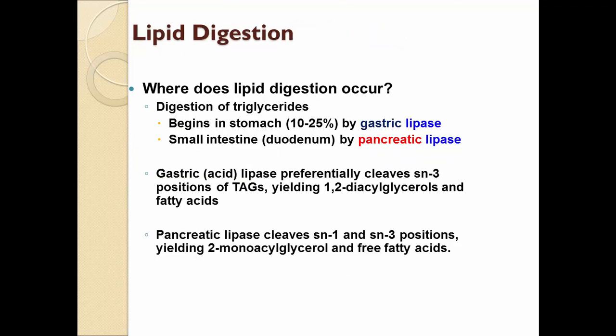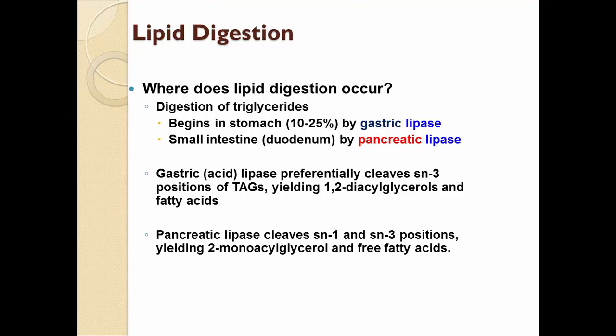Okay, so lipid digestion. The first question we always want to ask is where does lipid digestion occur? It begins in the stomach, and most importantly, the small intestine is the main site for lipid digestion, right?